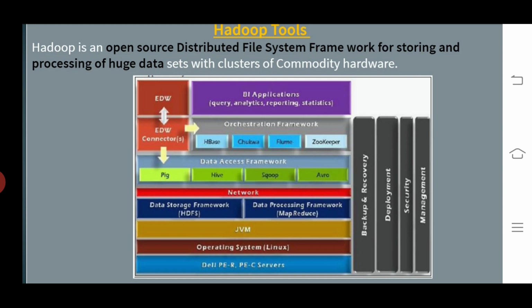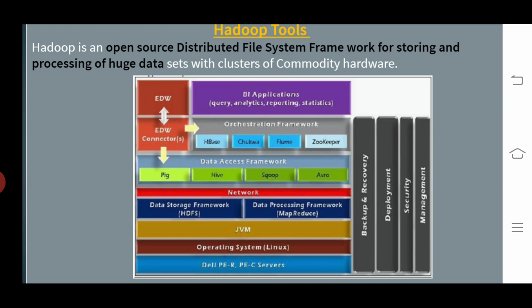What is Hadoop? Hadoop is an open source distributed file system framework for storing and processing a huge amount of data sets with clusters of commodity hardware. Once again, what is Hadoop?